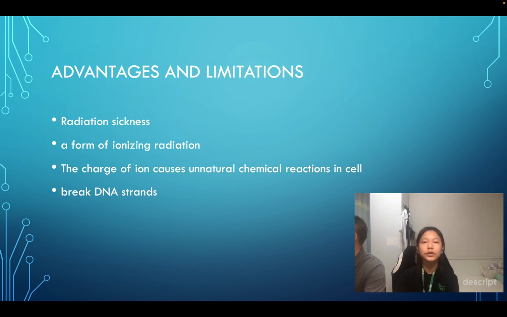This charge of ions causes unnatural chemical reactions to take place within the cell. In addition, the electrical charge can break DNA strands, which can cause the cells to either die or mutate. If a large number of cells die, the body can develop various diseases.